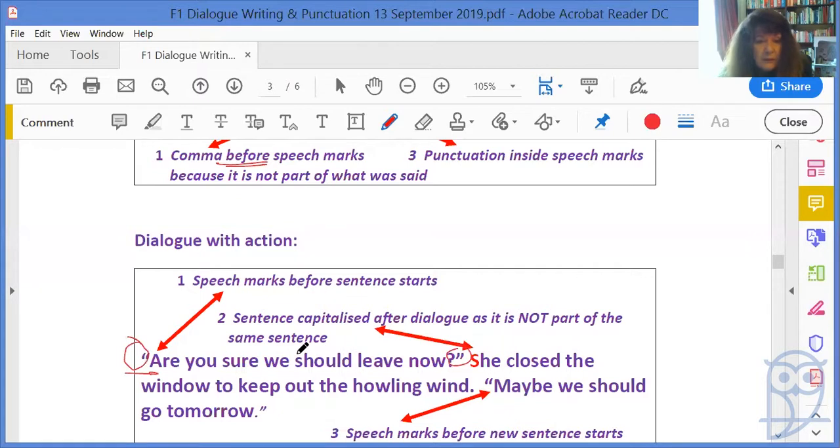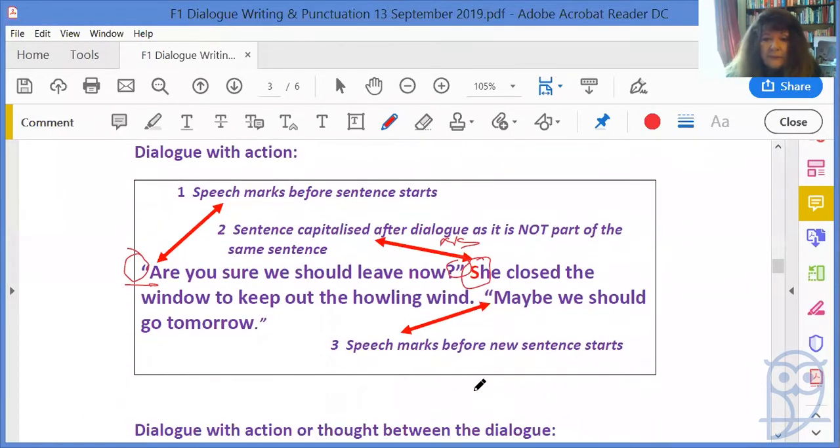And that's the only one sentence. It's not going to continue. So you're going to write some action now, so you start a new sentence. She closed the window to keep out the howling wind. Then she says something else. "Maybe we should go tomorrow."